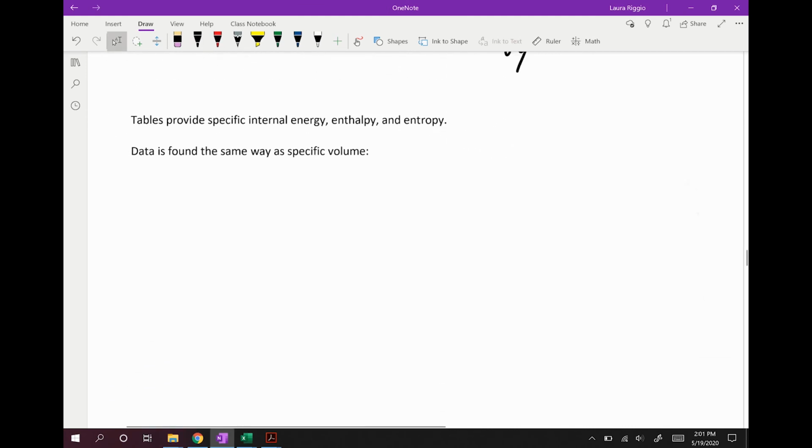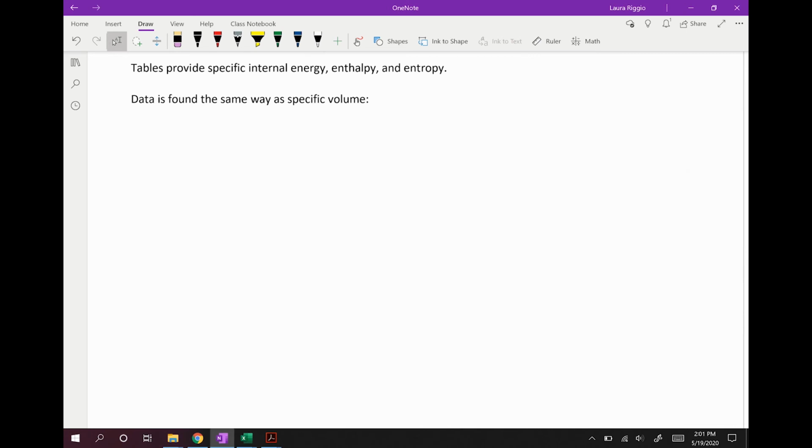Data for internal energy and enthalpy is found the same way as specific volume. So for example, if you were in a two-phase liquid-vapor dome, your specific internal energy is going to be your specific internal energy of your saturated liquid plus your quality times the difference in your specific internal energy of your saturated vapor minus your saturated liquid.